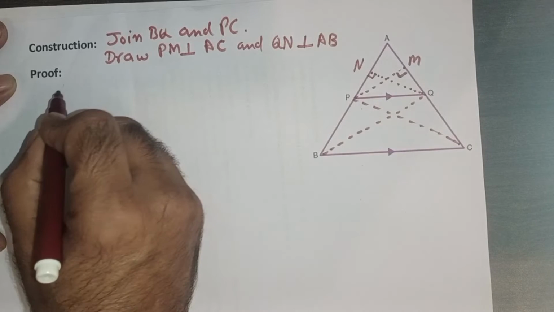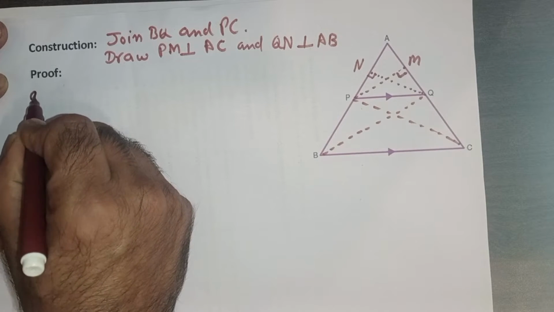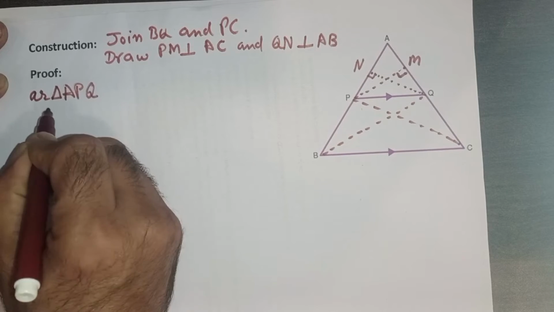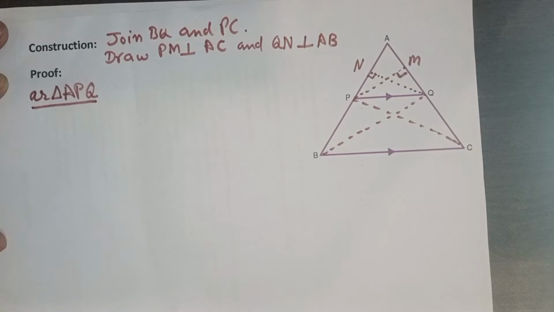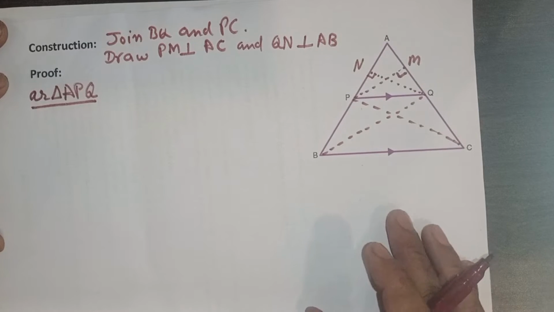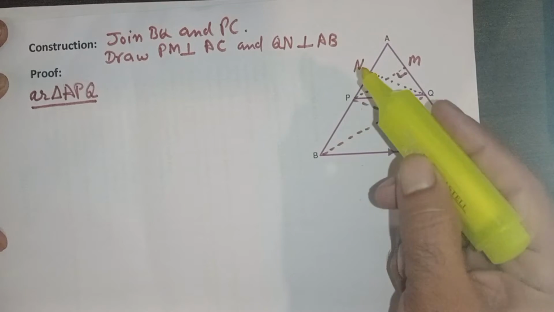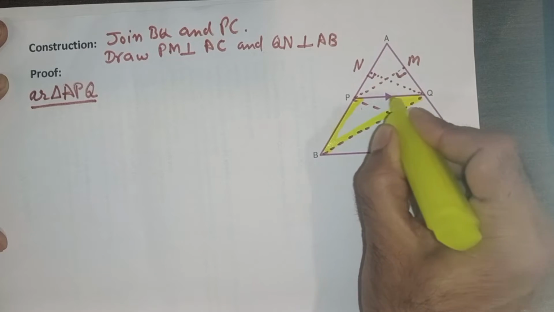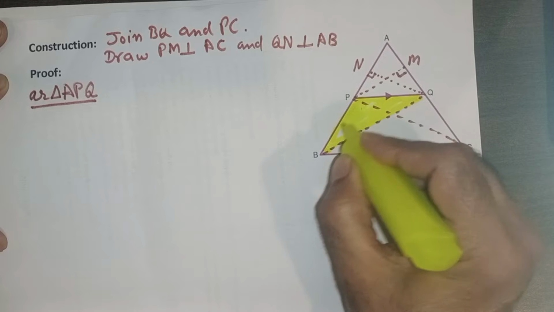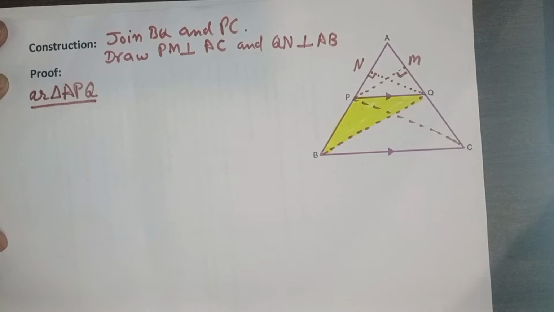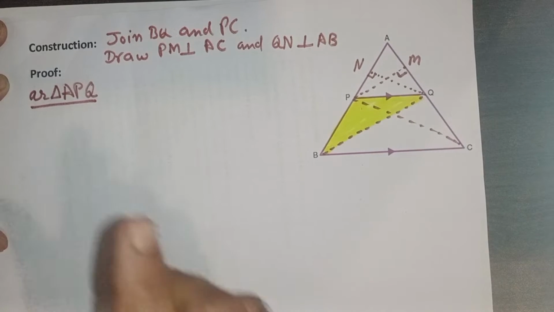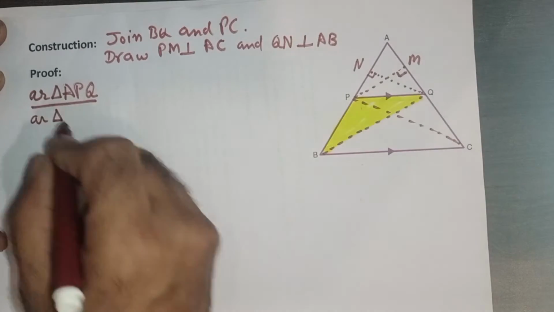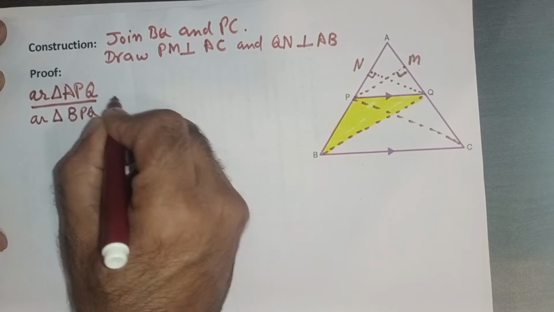We will take the area of triangle APQ as numerator, and as denominator we have to take the area of this triangle, area of BPQ.